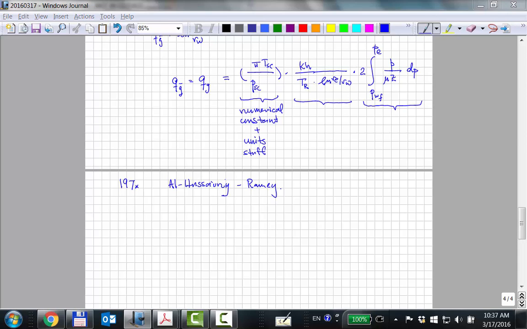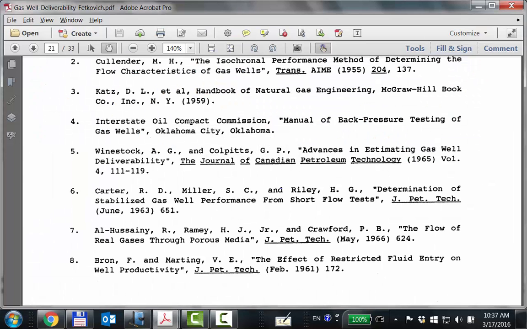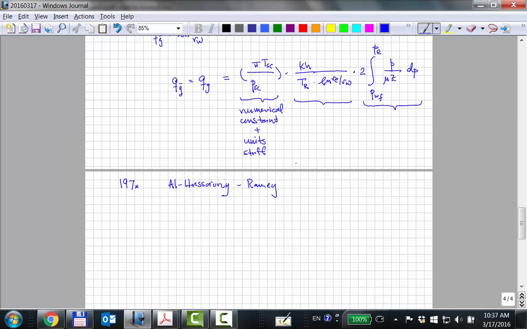And I think Crawford was also there. Crawford was another of the professors. This was when Ramey was still at the University of Texas, Austin, I think, before he went to Stanford. And I think Crawford was a professor at Texas also. And Al-Hussainy, I think it was his PhD work. I'm not sure.